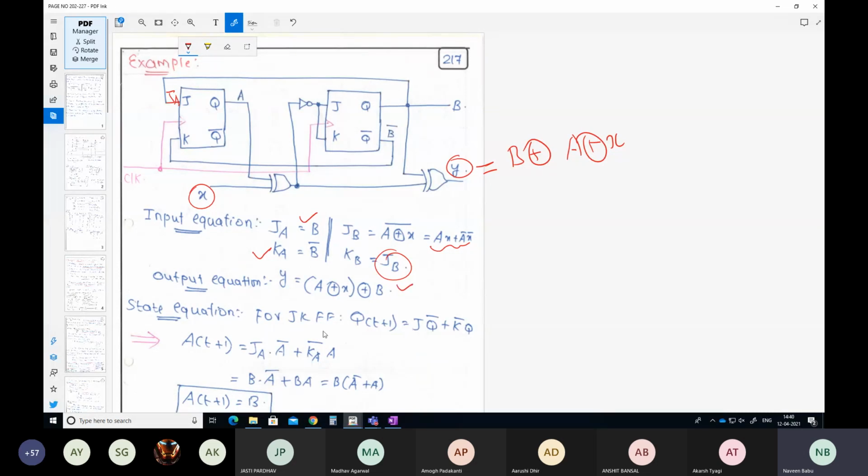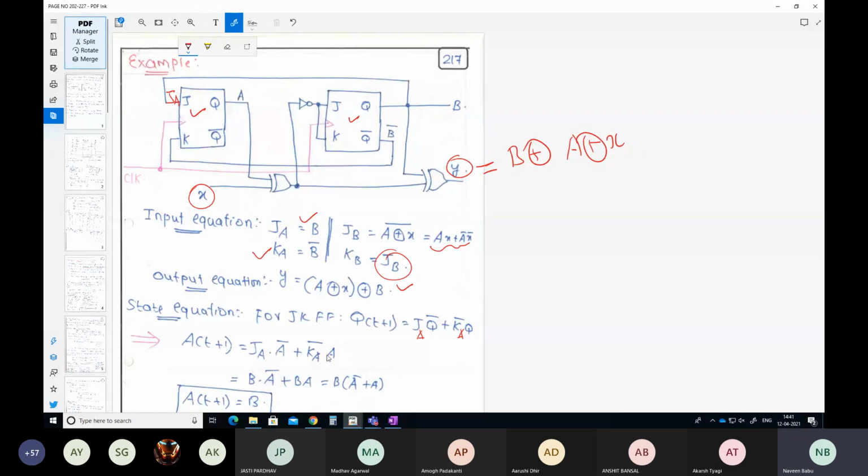We all know the JK flip-flop's next state equation, which is J Q bar plus K bar Q. So what are the next state equations that you want? You want A of t plus 1 for this and B of t plus 1 for this. That is just a substitution. A of t plus 1, you substitute here. It is JA and KA here. And Q corresponds to A, and Q bar corresponds to A bar.